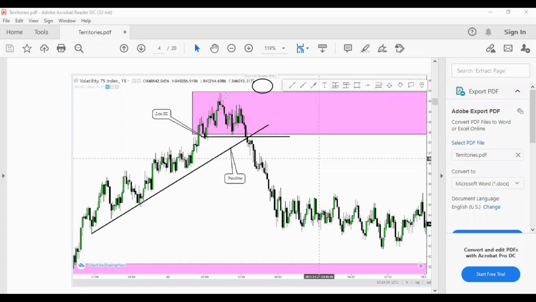This was the last high. Price started creating lower highs at this point. Then finally it broke this last higher low. See what happened? This is the importance of knowing market structure. After price broke this area and the trend line, we dropped.